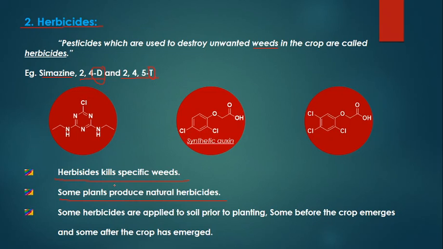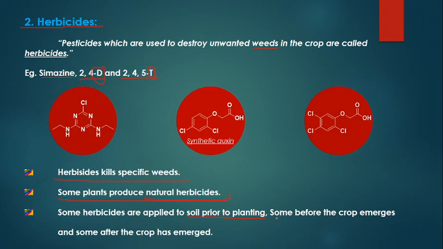These are the properties of herbicides. First, they kill very specific weeds. Some plants themselves produce herbicides, and those compounds are natural herbicides. Some herbicides are applied to the soil prior to planting, so the weeds which come out along with the crop get killed before planting itself.